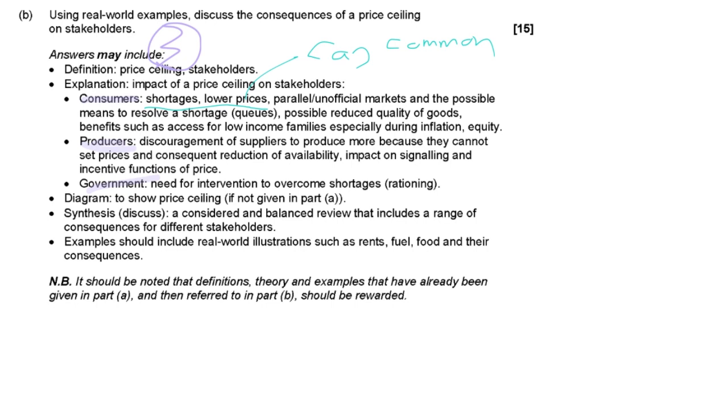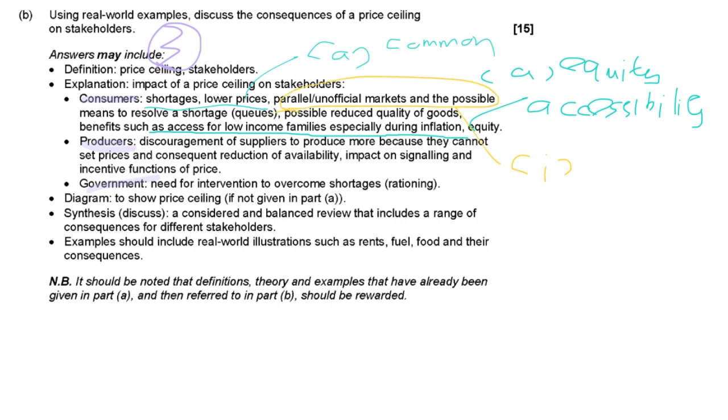In part A, we talked about equity for poor families and accessibility, like for food, which are very important. There are other things we haven't discussed in part A, including, number one, an unofficial market, and number two, reduced quality of goods. These are other common possible consequences of a price ceiling.